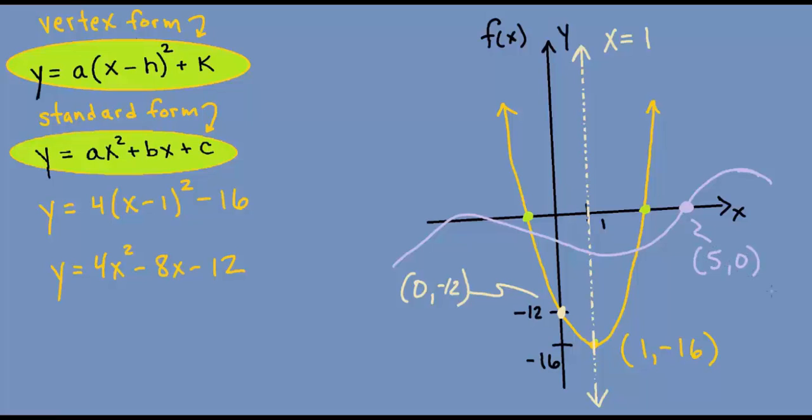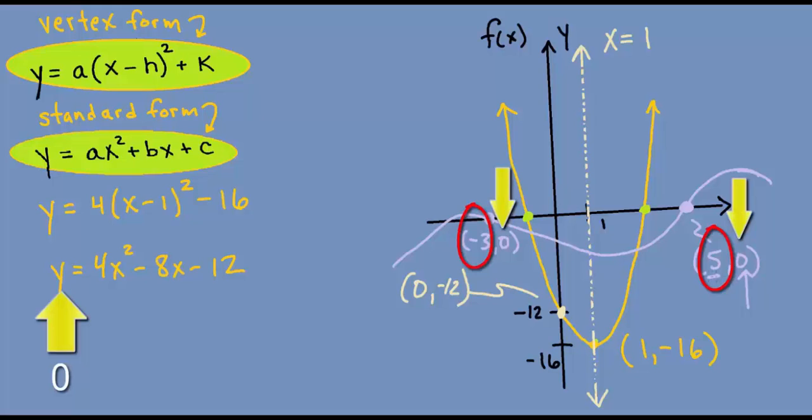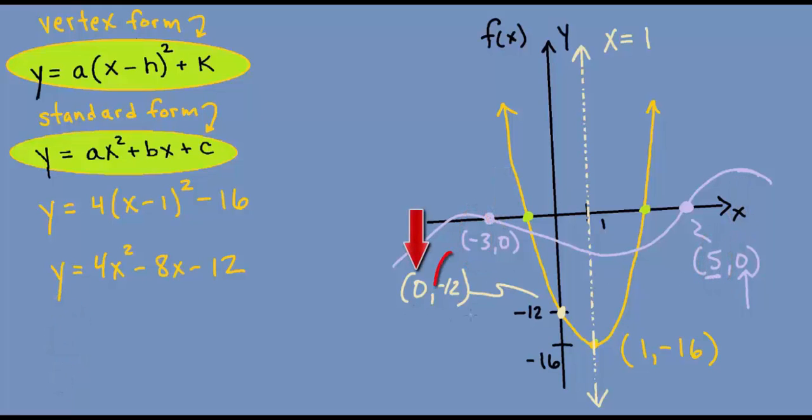So notice, well, let's do another one. Let's go back here. Here's another x-intercept. Let's say that's at negative 3. So we're going back 3 on the x, 0 on the y. I'm saying that because you put in 0 for y, and that will give you the x-intercept. We put in 0 for x when we wanted the y-intercept. Those are really key things to remember.